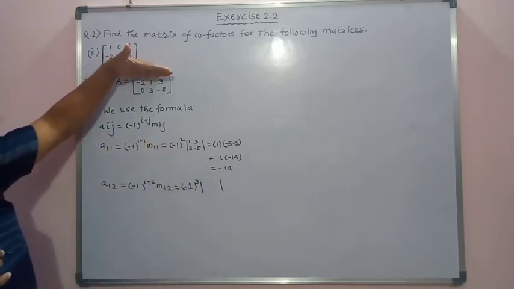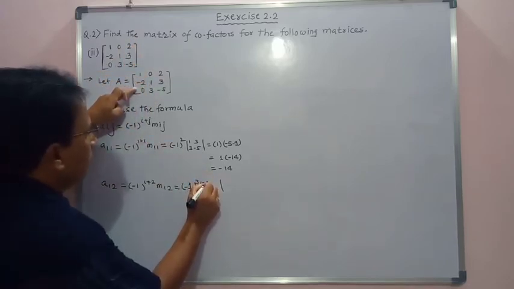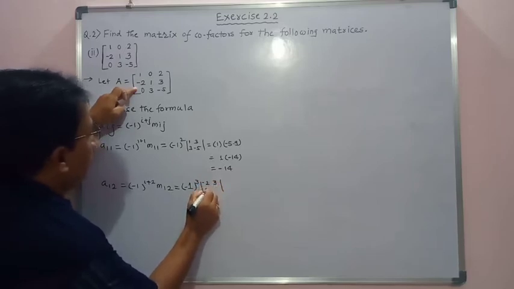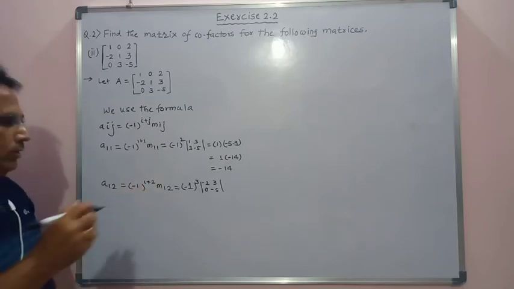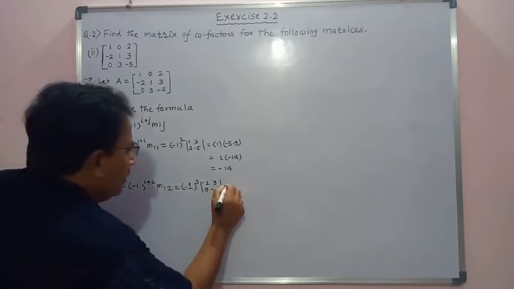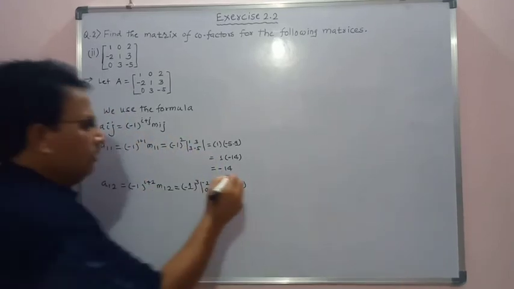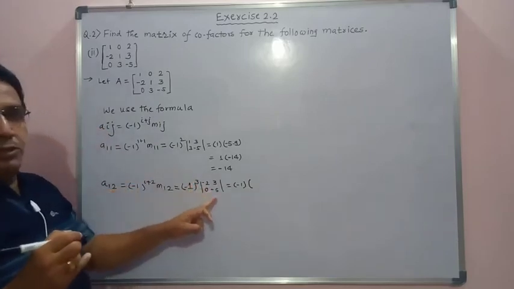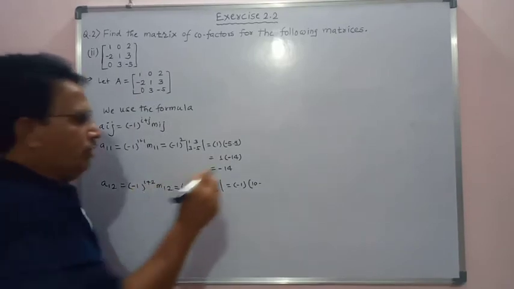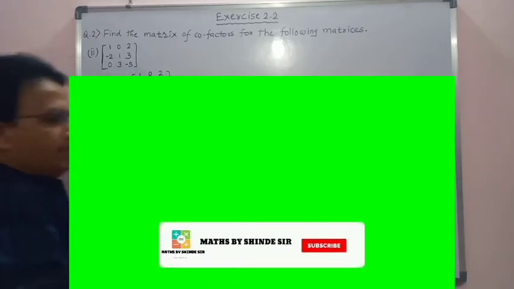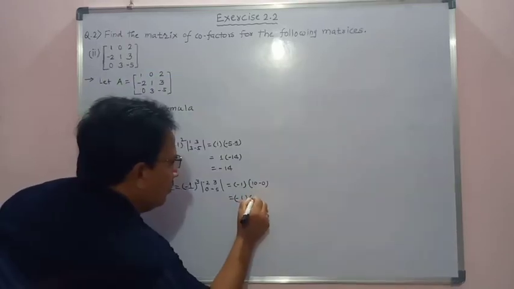M12 means leaving off the first row and second column, the remaining elements are minus 2, 3, 0, minus 5. Minus 1 cubed is minus 1, into the cross product: minus 2 into minus 5 is plus 10, and in this direction 0 into 3 is 0. Minus 1 into 10 minus 0 is 10.